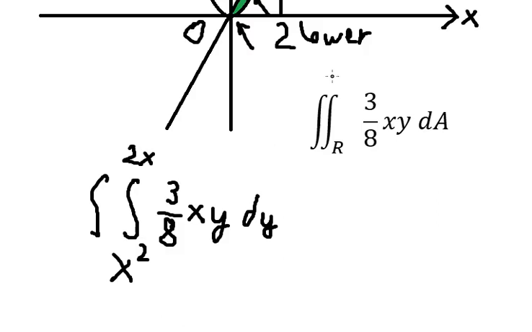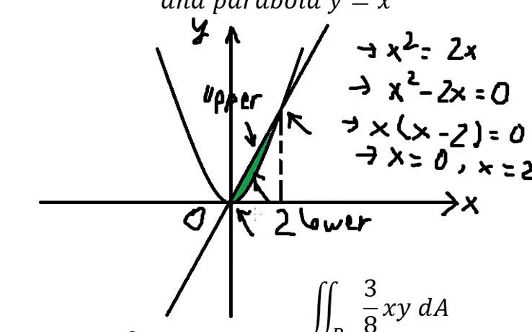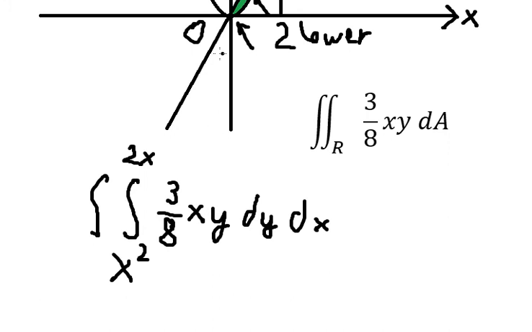Now we go to the x. We see that we have number 0 and number 2. So the lower is number 0. And the upper is number 2. Now we need to calculate this one.